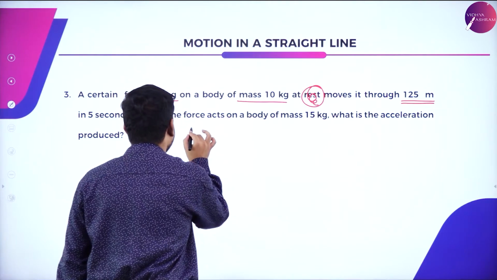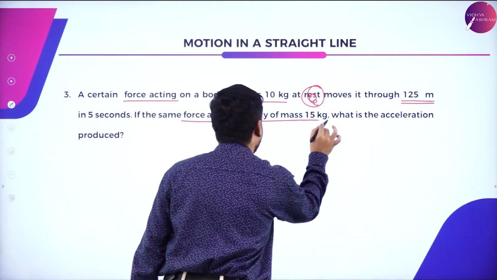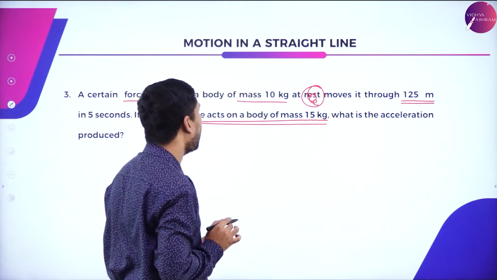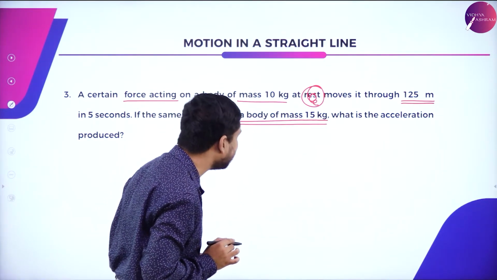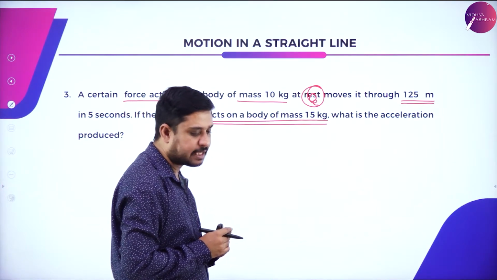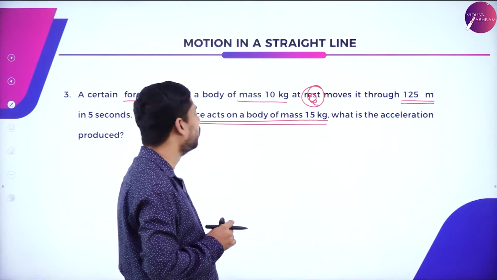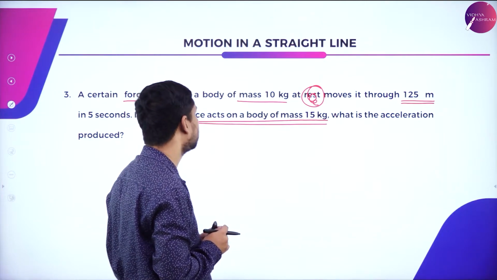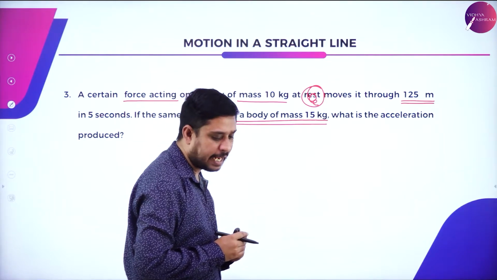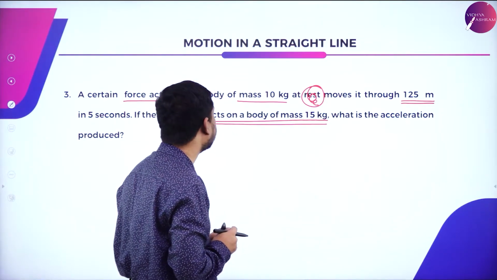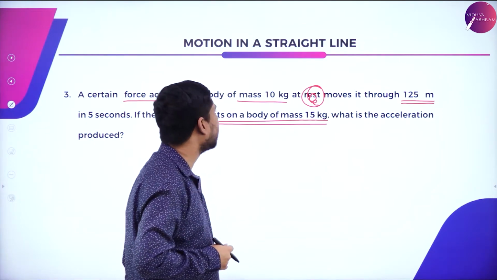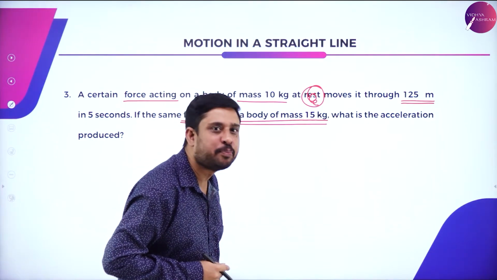If the same force acts on a body of mass 15 kg, what is the acceleration produced? So the same force is acting on the body of mass 15 kgs. What is the acceleration produced?